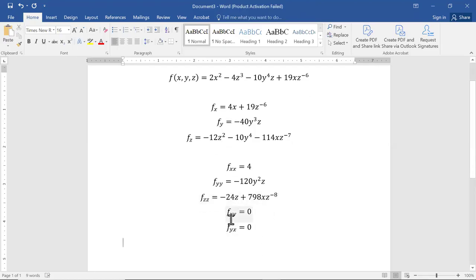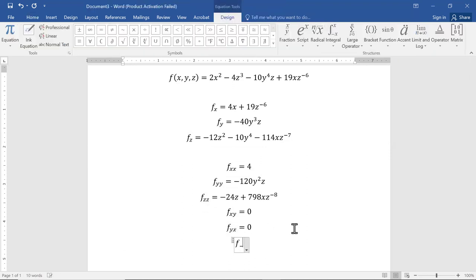But you can also do a mixed partial with x and z. So I can do f sub x then z. So I take a derivative with respect to x. I've already done that. Then a derivative of this thing with respect to z. Negative 6 times 19 becomes negative 114. So I get negative 114 z to the negative 7 power.